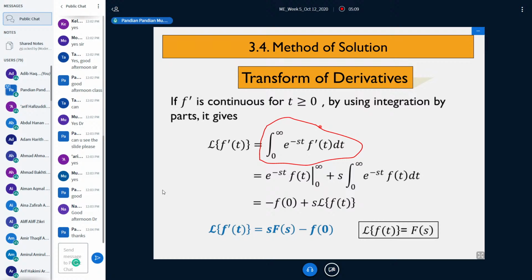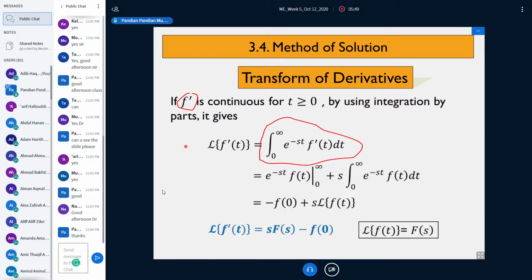You cannot separate 3.1, 3.2, 3.3 from 3.4, because we are using 3.1 to establish something new. So 3.4 is closely related to 3.1. Without that, we cannot define the Laplace of f dash t. It is just a continuity of the previous section. So f dash is called df/dt.